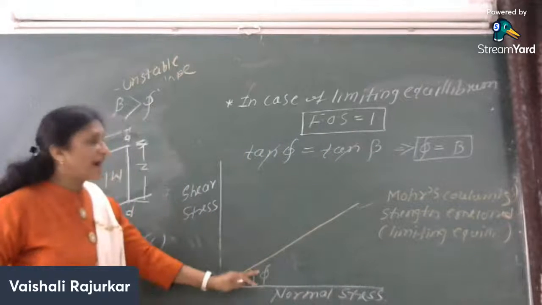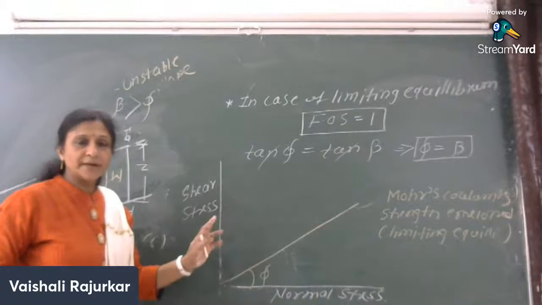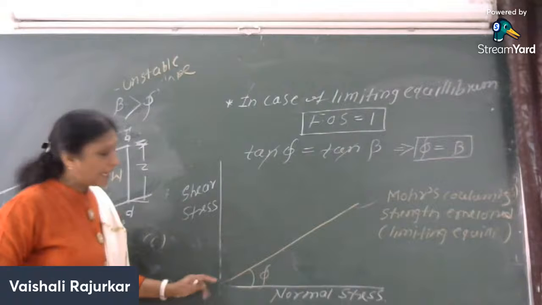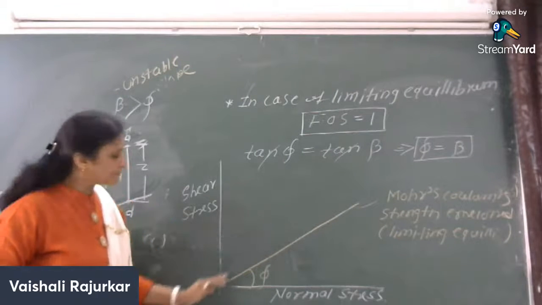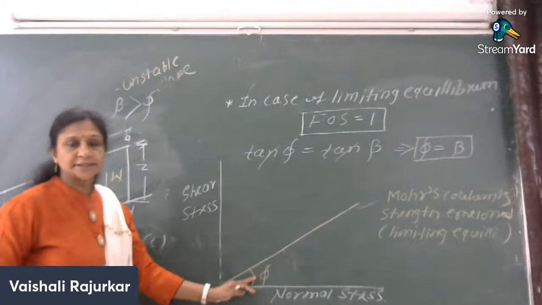Here, phi is the angle of internal friction where the soil is a purely cohesionless soil. The shear strength component C is 0, and therefore the strength envelope passes through the origin, making an angle phi with the horizontal.